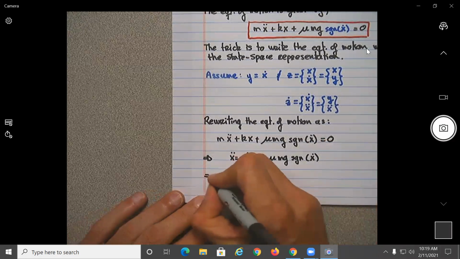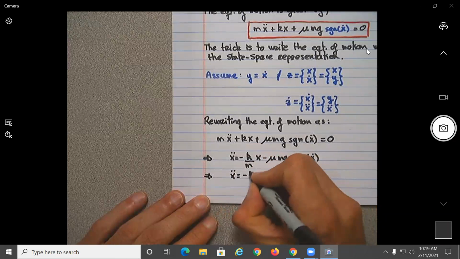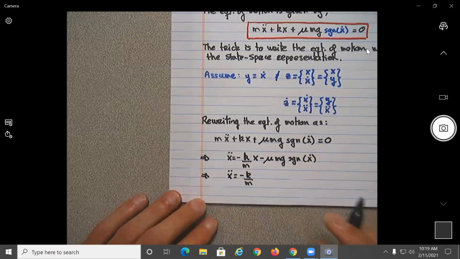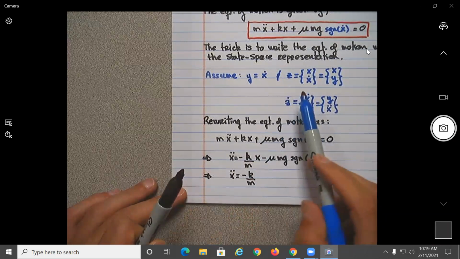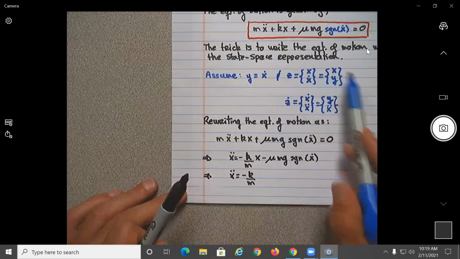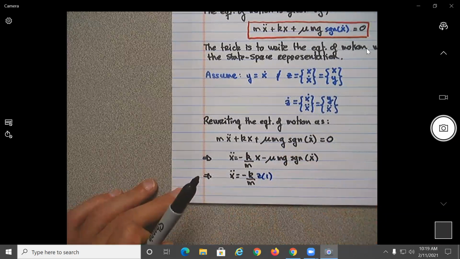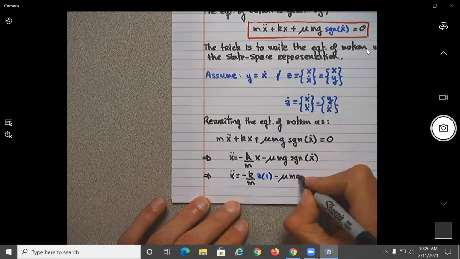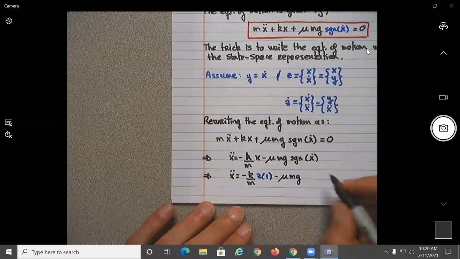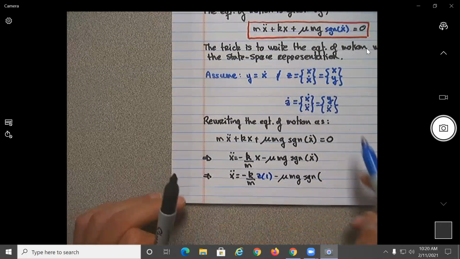Or you could write this as what? x double dot equal to minus k over m. What is x? x is the z, should be z1, no? Yeah. And then we have minus mu m g sign and x dot.